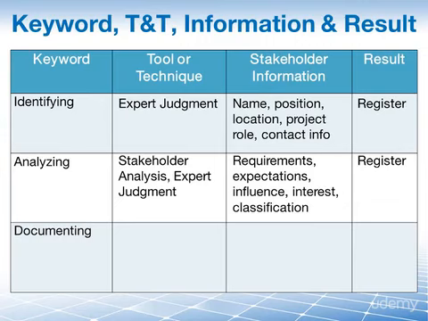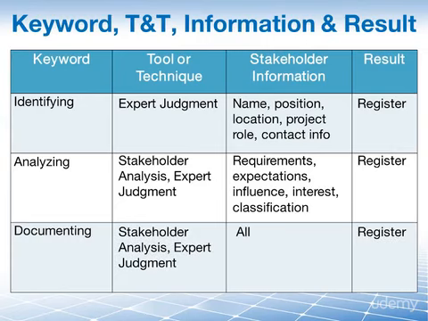These factors will allow us to classify the type of stakeholder, like he's a supporter, she's neutral, he is a resistor, etc. And lastly, documenting. During our analysis and in our use of expert judgment, we document all relevant information in the identification, assessment, and the classification sections of the stakeholder register.